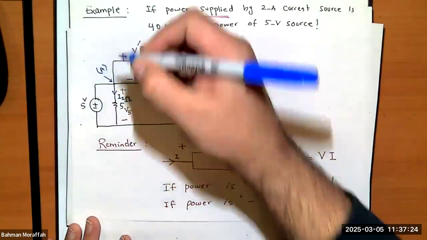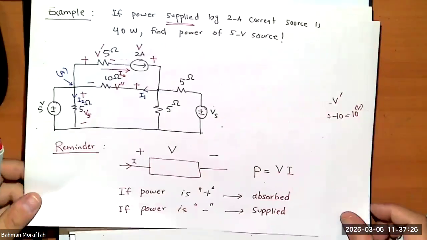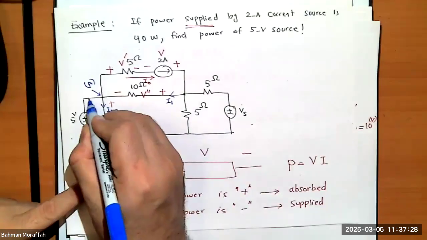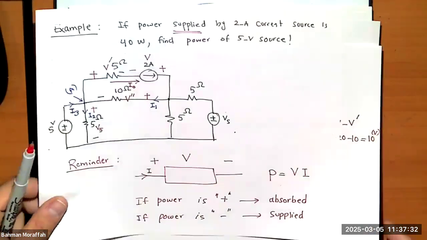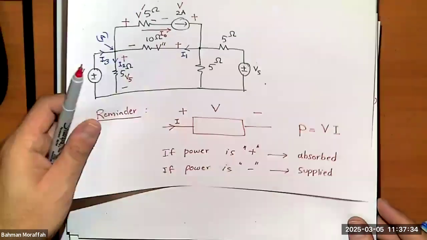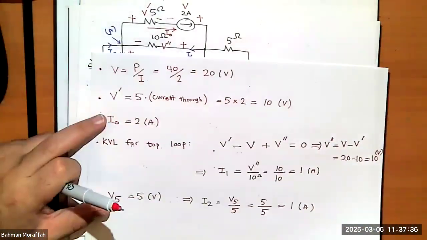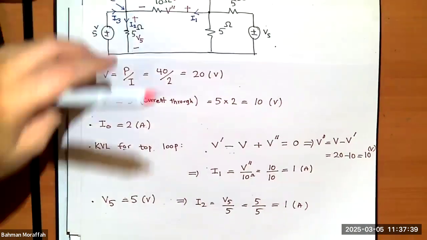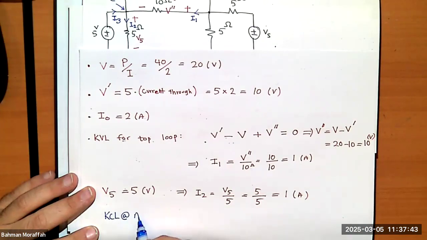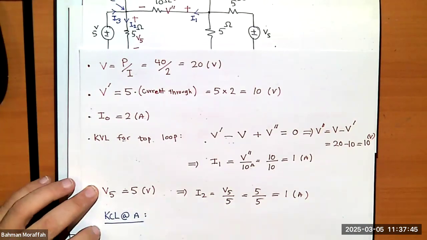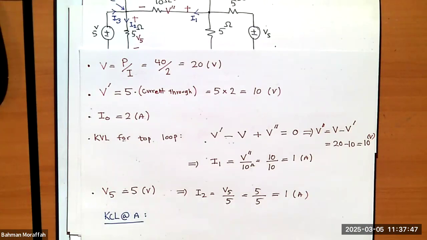Let's just call it A. And let's just try to find this current. Let's just call it I3. So writing a KCL at A, what does it tell me?